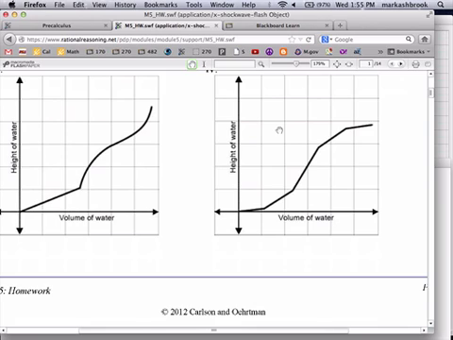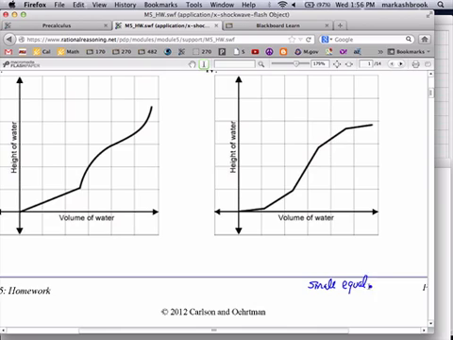Okay, so let's remind ourselves of the approach to these covariation problems. I'll write it down here. So the first thing is we look at small equal increments of input.